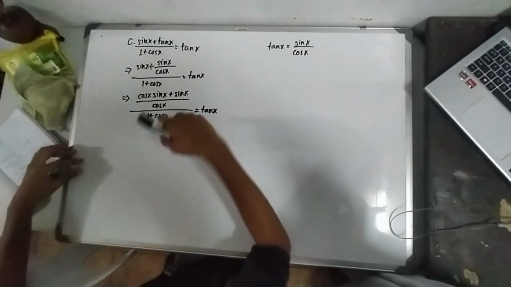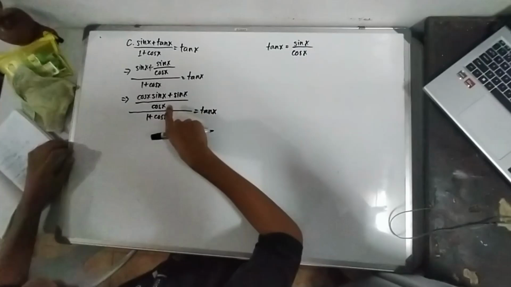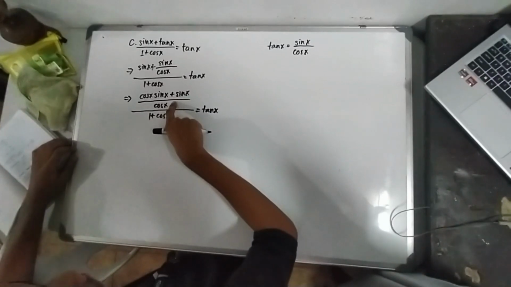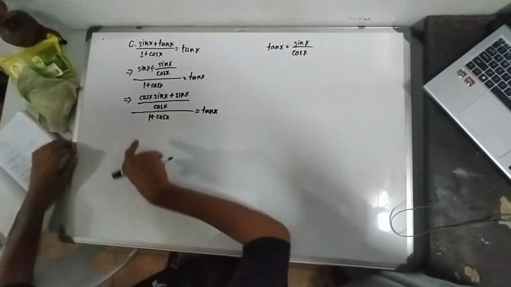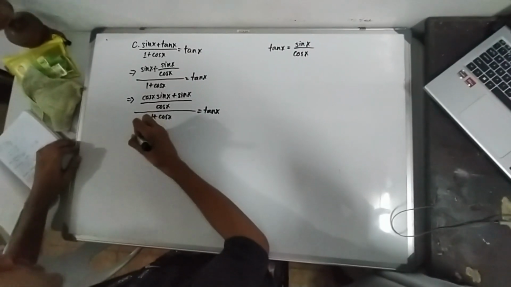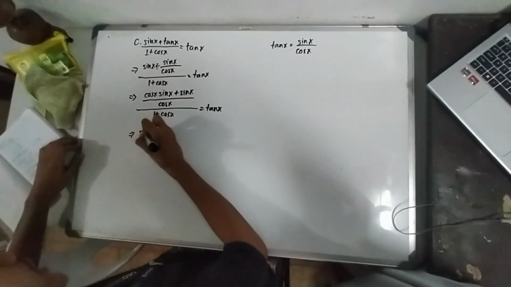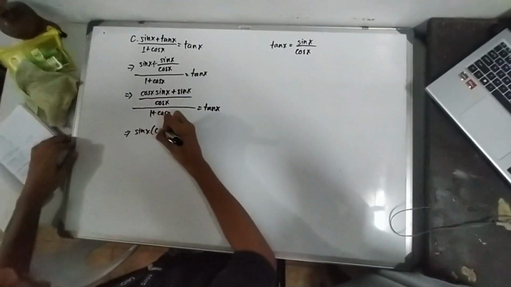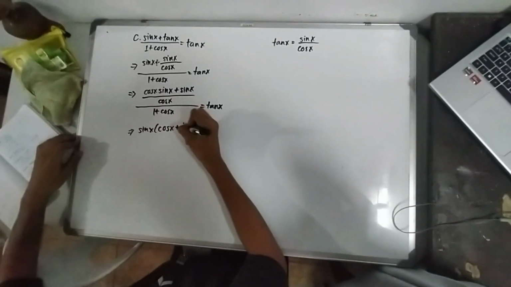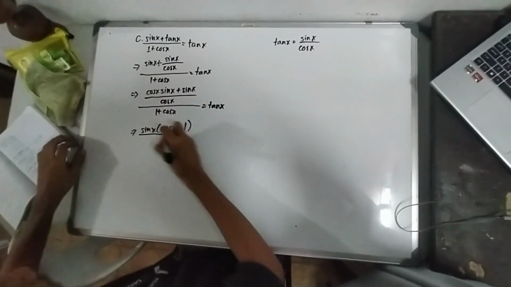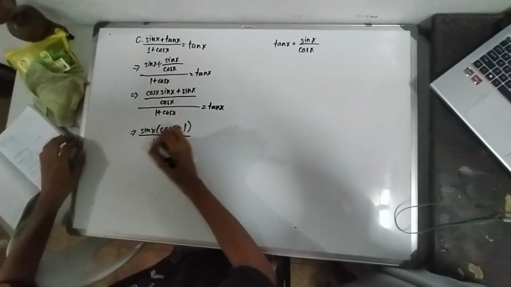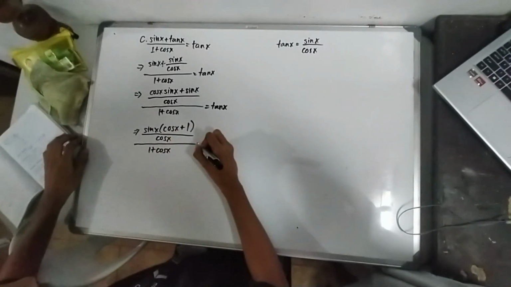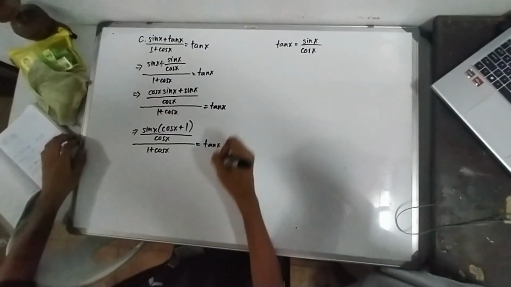Now let's simplify the numerator further. We can factor out the sine x, since sine x is common in both terms. So sine x times cos x plus 1, divided by cos x, all over 1 plus cos x, is equal to tan x.